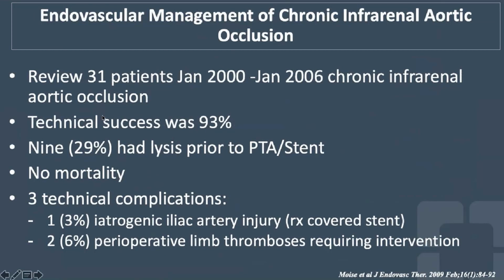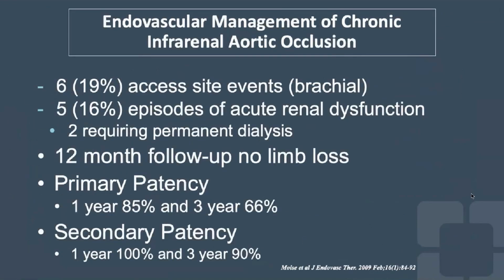About 9 of these patients, about 30%, had lytic therapy prior to stenting. There was no mortality in this study, and there were 3 technical complications with an iliac injury or a limb thrombosis that had to be re-intervened on. The 12-month follow-up demonstrated no limb loss, and the primary patency at 1 year was 85%, 3 years was 66%, secondary patency was 100%, and at 3 years was 90%.